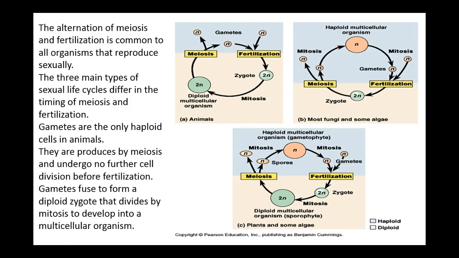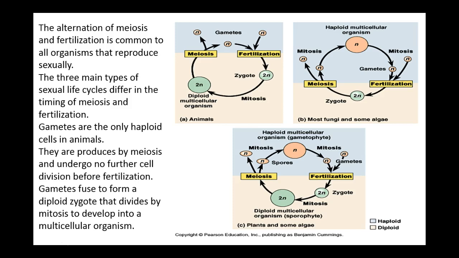However, three types of sexual cycles differ in the timing of meiosis and fertilization. So there are three different types that show up in various species.